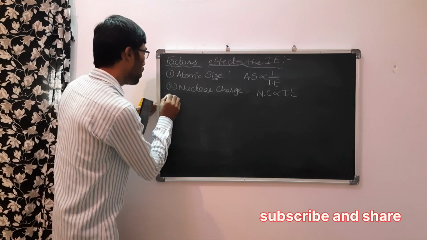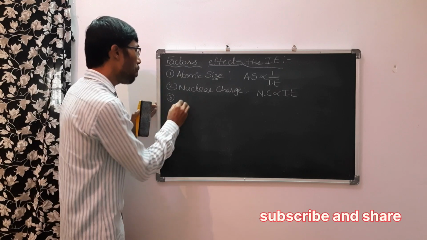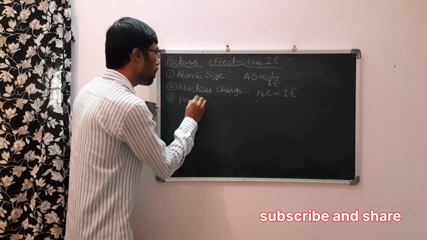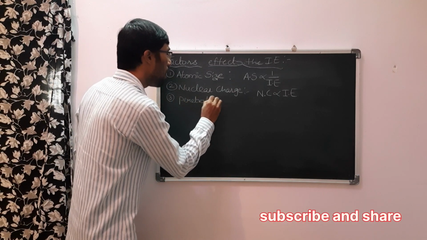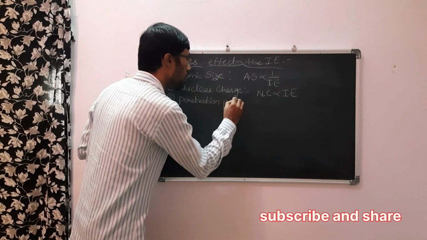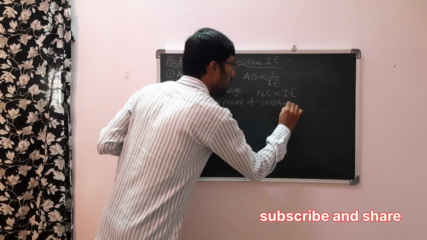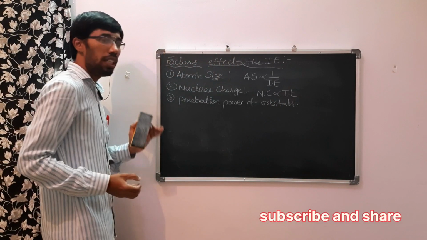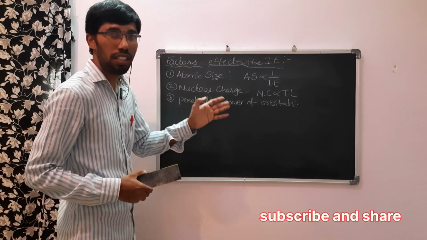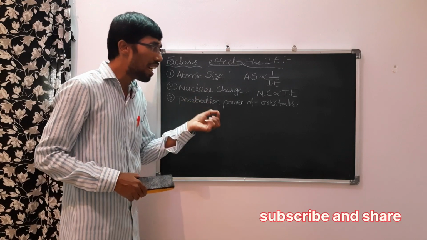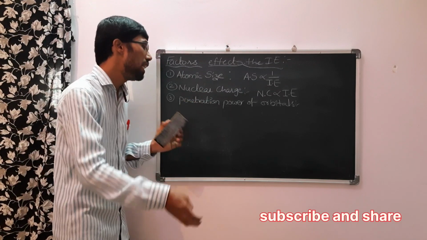Now the third factor, the penetration power of orbitals. Generally s, p, d and f are the orbitals, and they have different shapes.